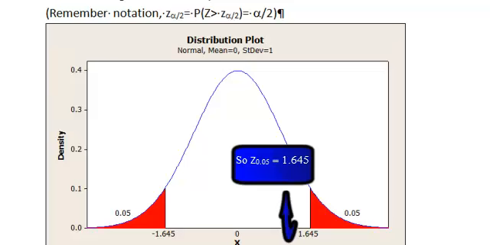Because if 90% is in between the z-values, then you have to equally distribute the 10% to the right and the left tail end. So you divide the 10% by 2, or 5%, and 5% is 0.05. So you would look on your z-table to find out what the z-values would be, such that to the left of that z-value is 0.05, and you get negative 1.64 and negative 1.65 being equally distant from the probability of 0.05.